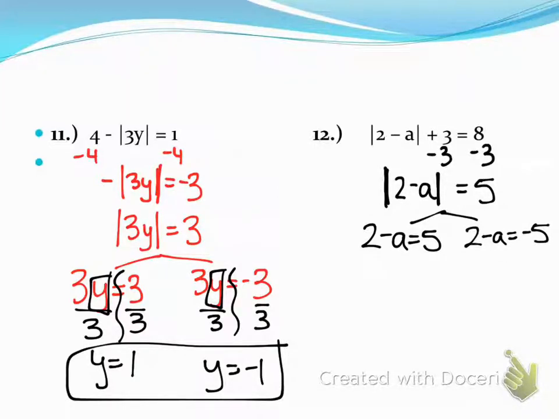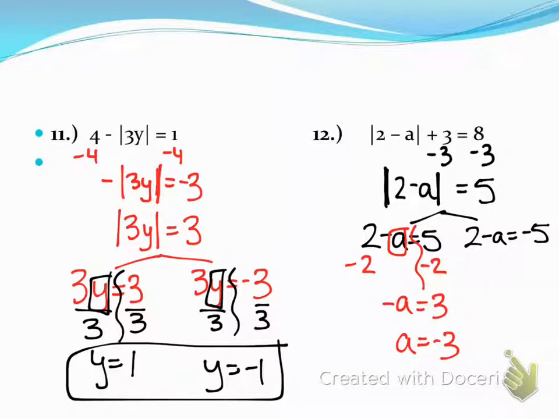Alright, we've got our two equations. Now we got to solve. How am I going to get a by itself? Subtract 2. That leaves me with negative a equals 3, but I don't want negative a. Good, we switch both of the signs. So instead of a negative a, it's a positive a.